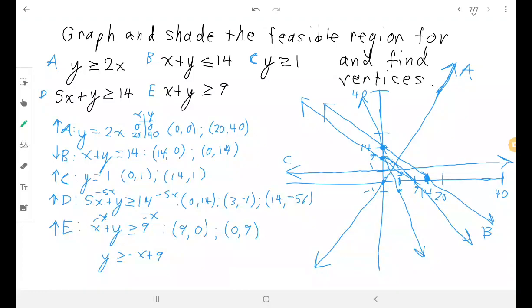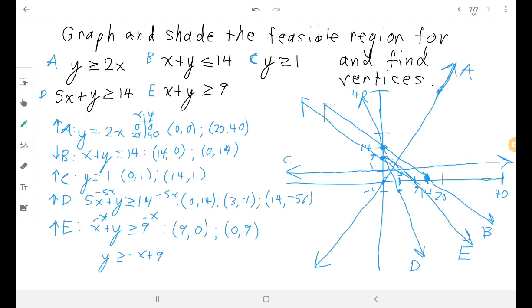So, again, A shades up, B shades down, C shades up, D, which is this one here, and this is E here. D shades up, and E shades down.